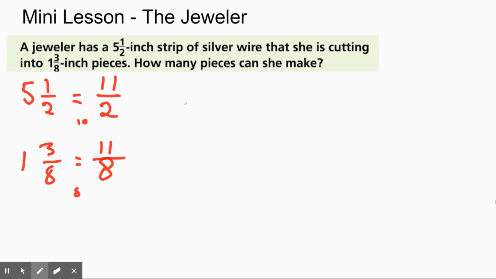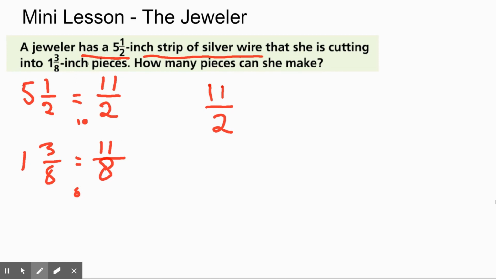So, next we need to think about what is our dividend, what is our divisor. In our previous videos, we've talked about how the dividend is always going to be the initial amount. Well, we know that the jeweler has an initial amount here of silver wire. So this 5 1/2, or 11 halves, needs to be our dividend.